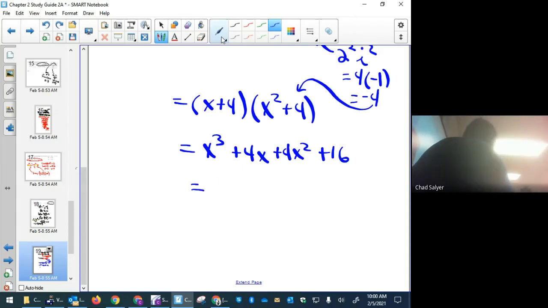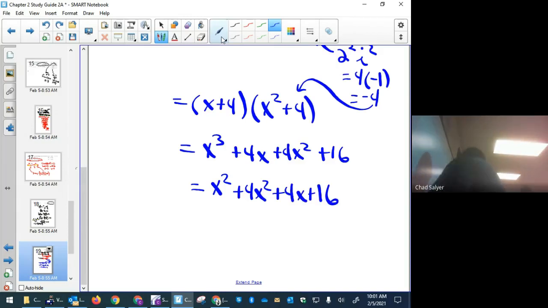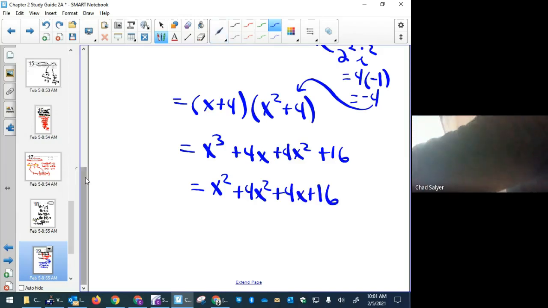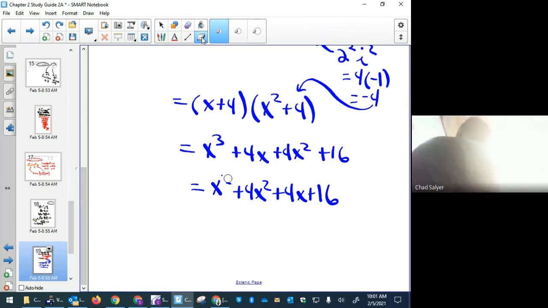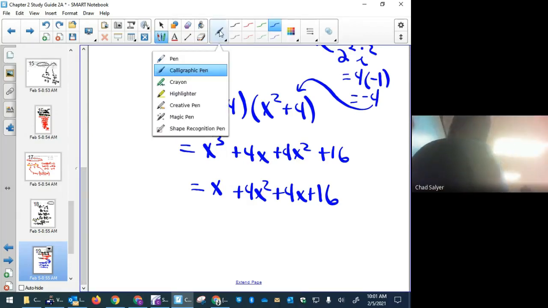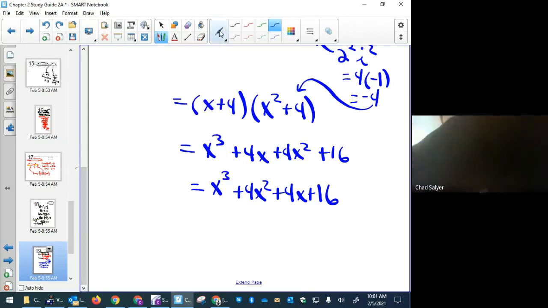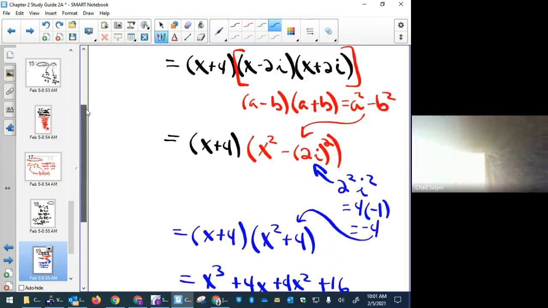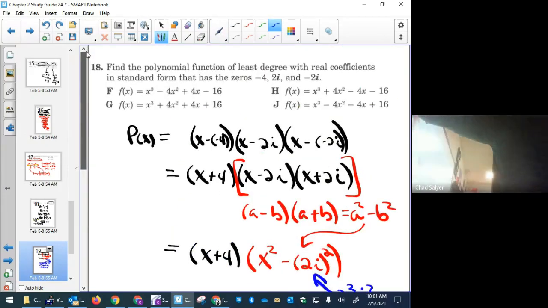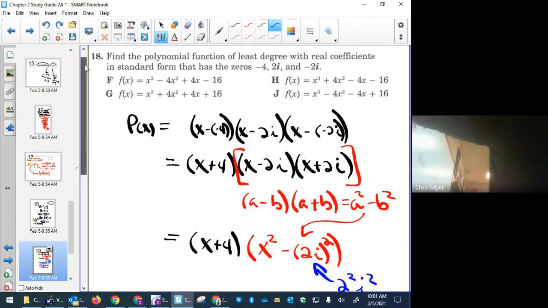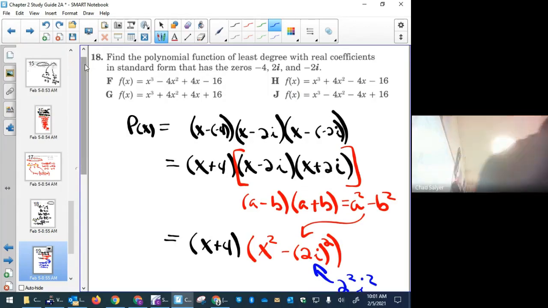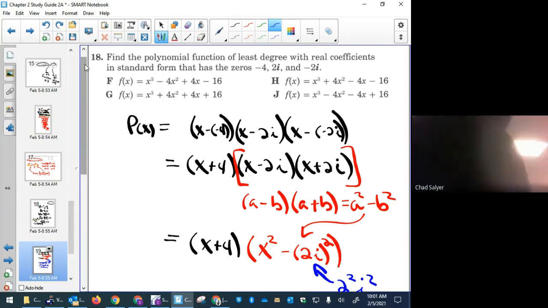And this is not in standard form, so let's rewrite it. x cubed plus 4x squared plus 4x plus 16. Looks like G is in golf. Let me double check myself. Yes, that's correct.